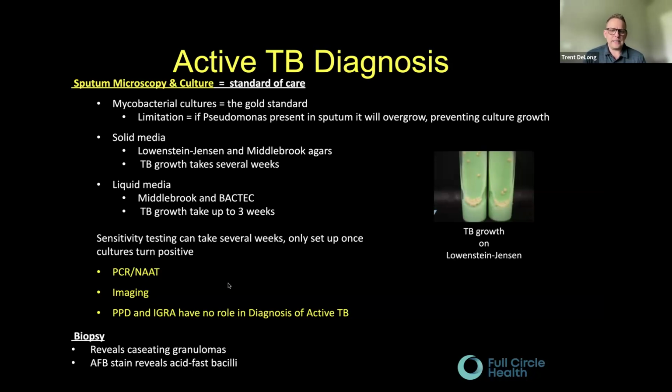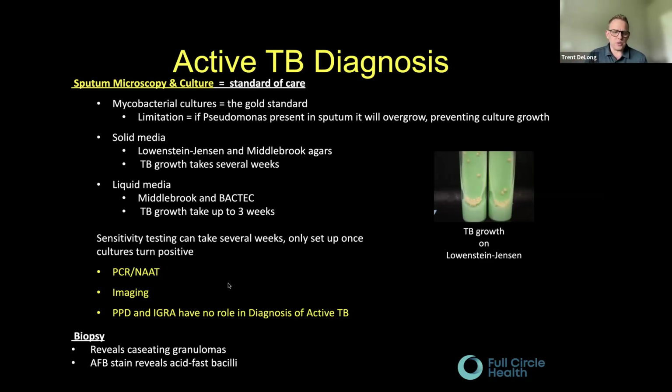Sensitivity testing can take several weeks, only set up once the cultures are positive, and we have the PCR nucleic acid amplification testing and imaging. All of those play a major role in active TB. It should be noted that PPD and IGRA testing have no role in the diagnosis of active TB.